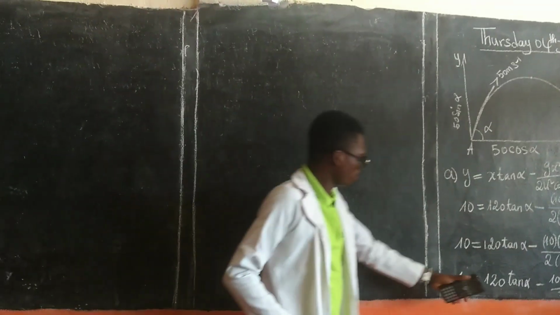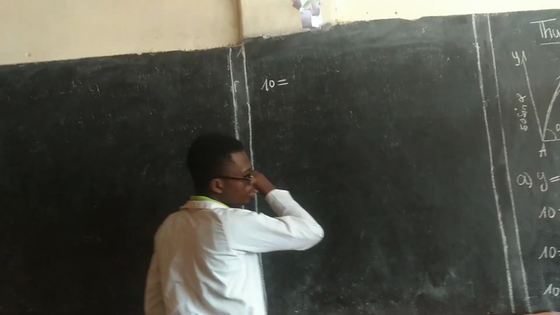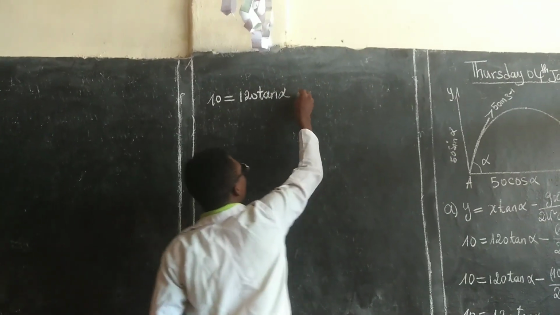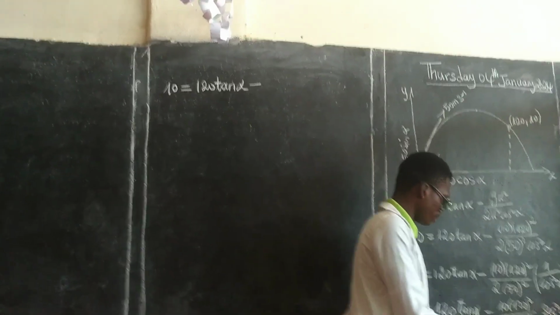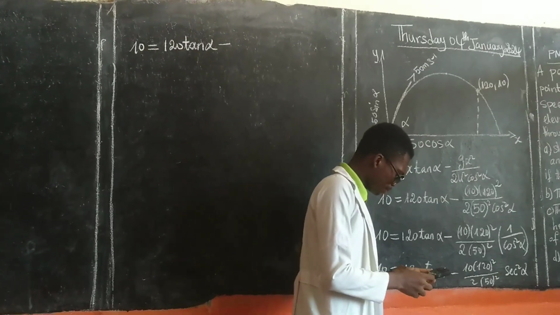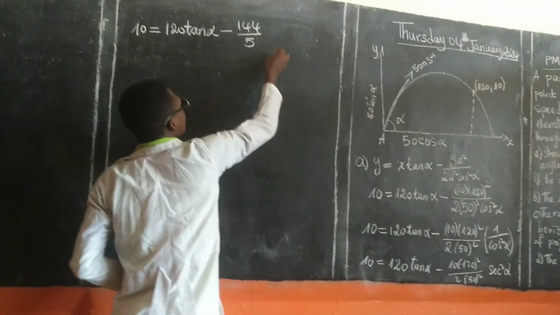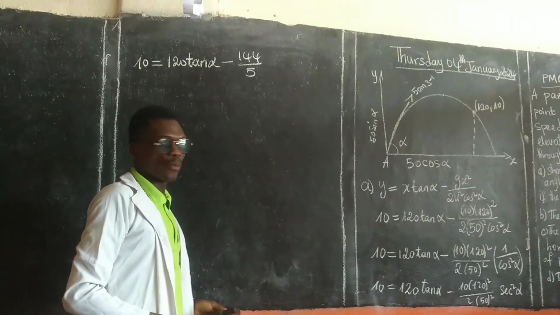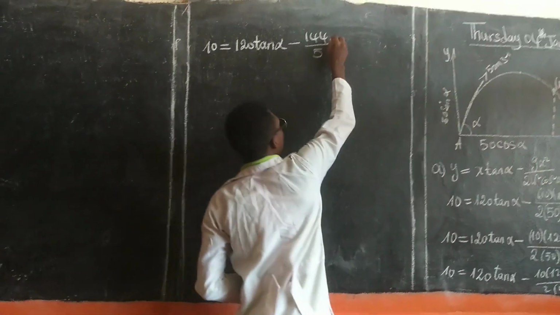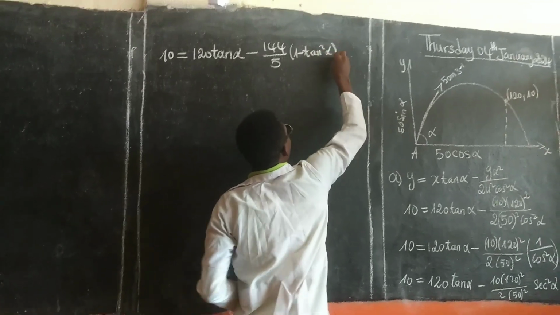Now we are going to have that 10 is equal to 120 tan alpha minus this quantity. This quantity is 144 on 5 sec squared alpha. But now sec squared alpha is 1 plus tan squared alpha. So I'll replace it with 1 plus tan squared alpha.